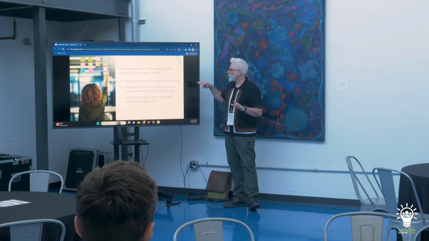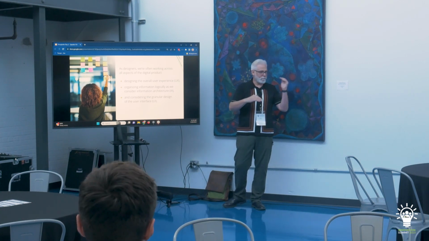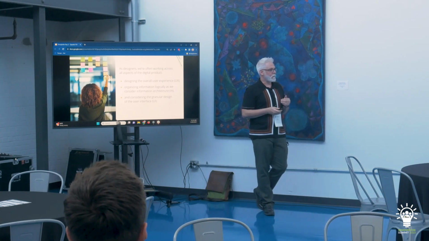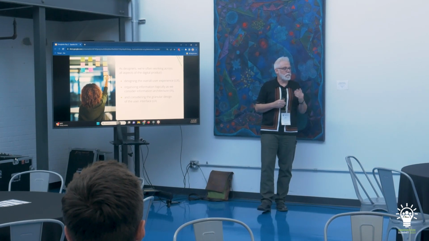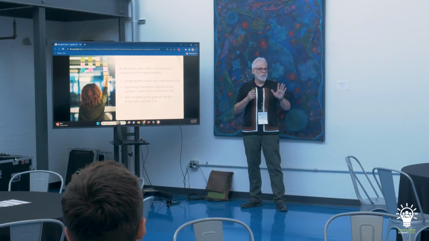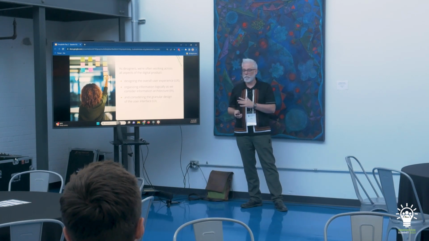So we're looking at the overall experience, that's your UX. We're looking at how do we organize the information in that, that's your information architecture. And then of course, does it look good? Is it doing what it's supposed to? Is the graphic design supporting the tasks, the workflow that the person is going through?